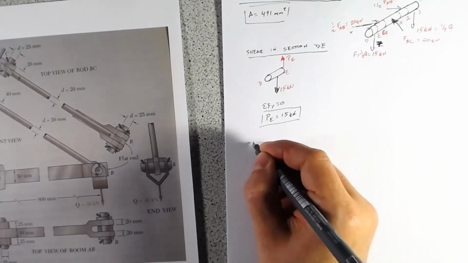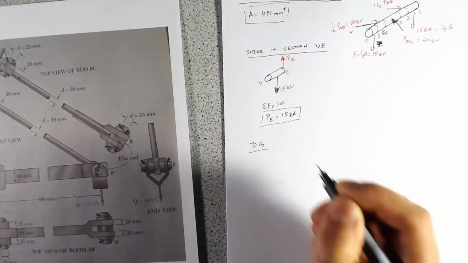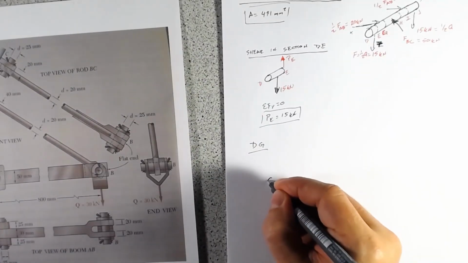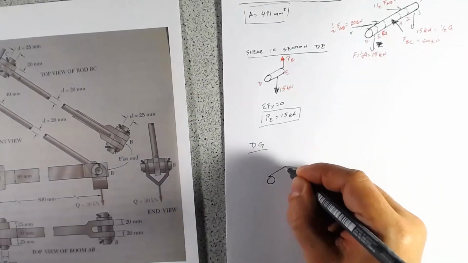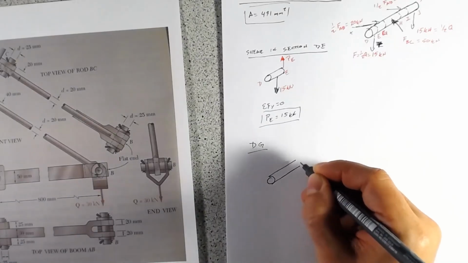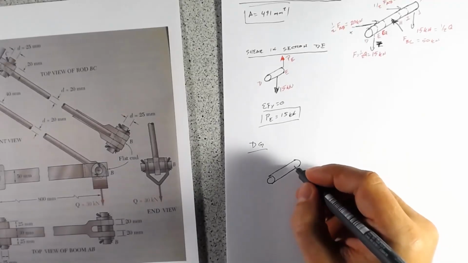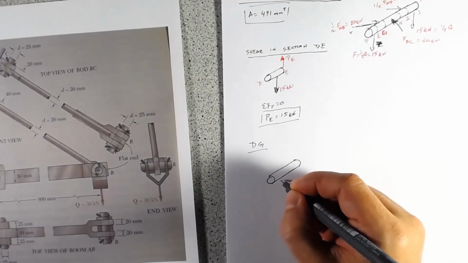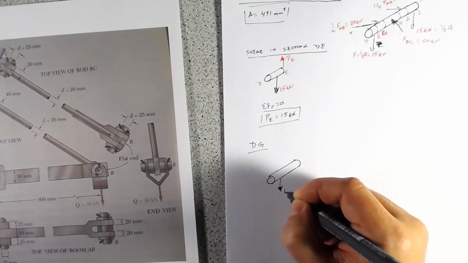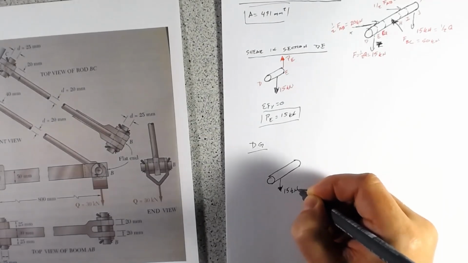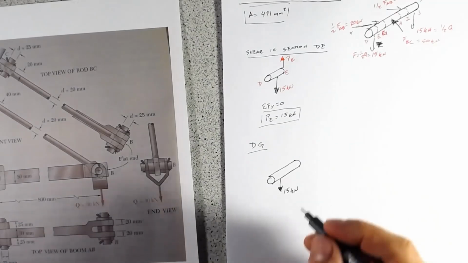Between D and G, we have that 15 kilonewton force pointing down.